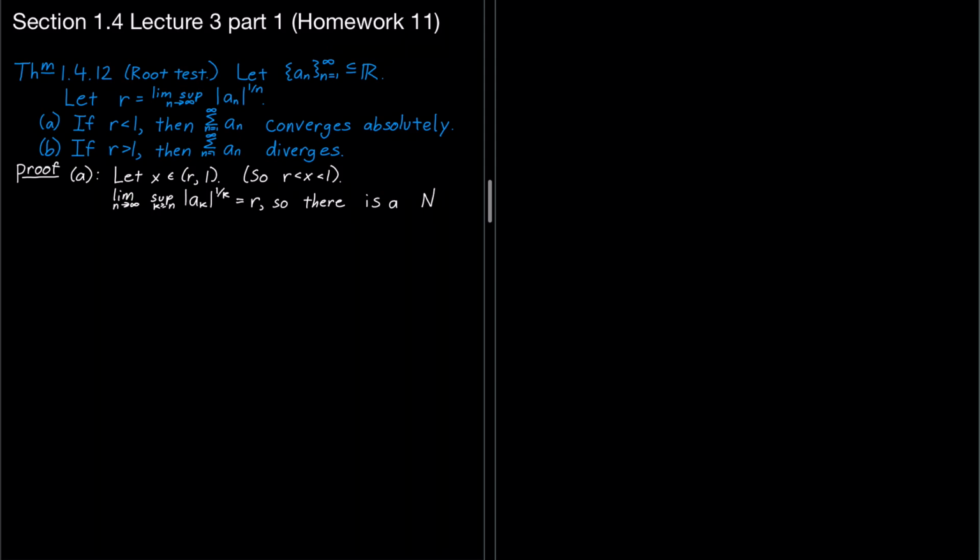Our limit is getting, as little n goes to infinity, this supremum is getting closer and closer to R. And that means that eventually it's close enough to R that it's less than x.